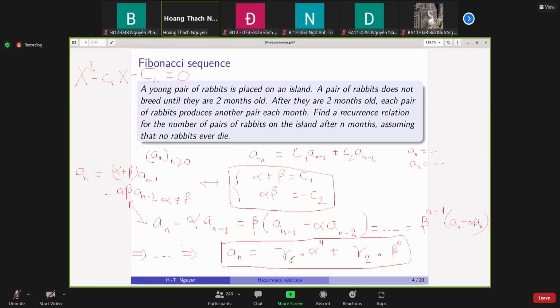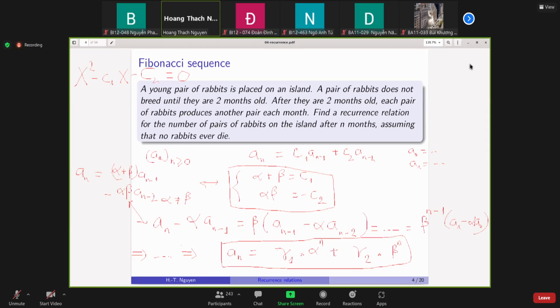If your equation has two different solutions, then you have this formula, and then you will use the initial conditions, replacing n with 0 and 1, in order to solve for the exact values of the constants gamma 1 and gamma 2. Okay, so that was the idea.